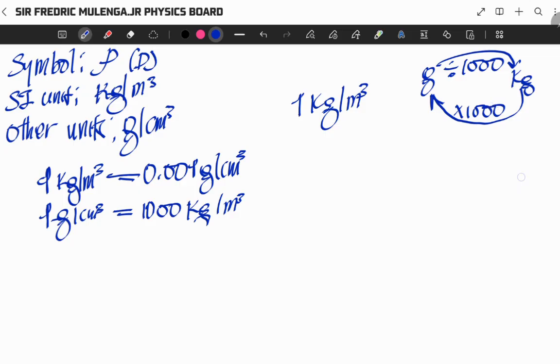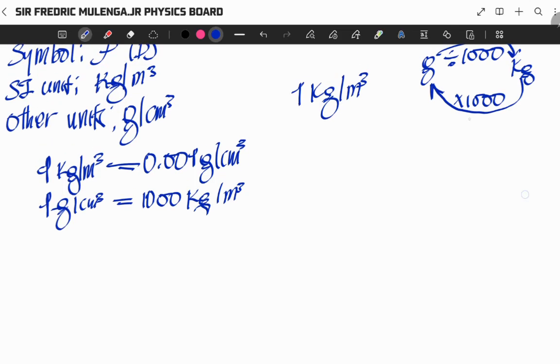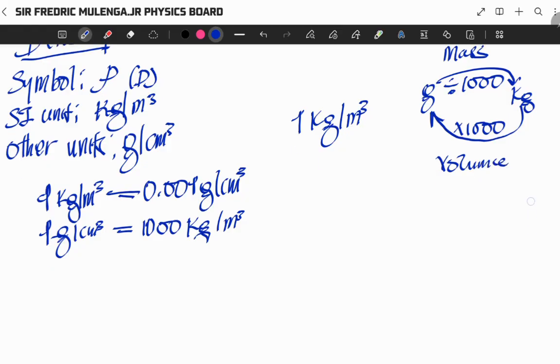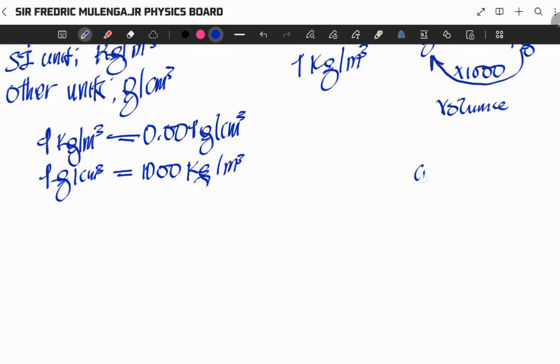When it comes to volume, moving from centimeter cubic to meter cubic, you divide the value given in centimeter cubic by 1 million.